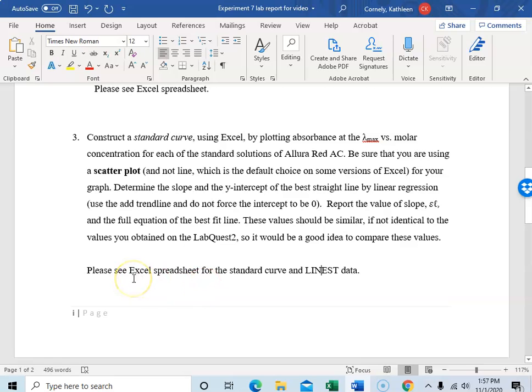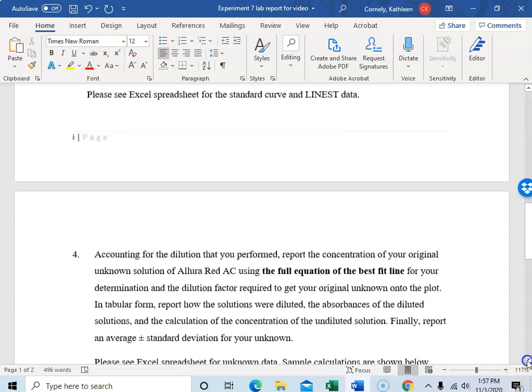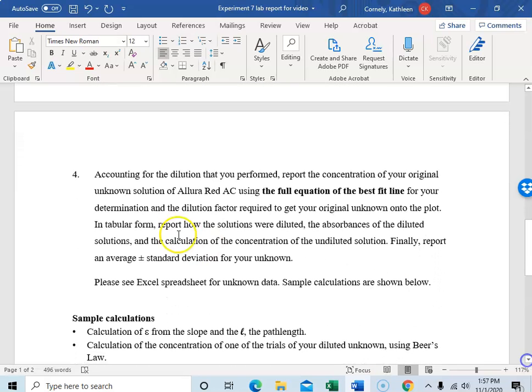You need to say, please see the Excel spreadsheet for the standard curve and the line of best fit data. You should also, in this space, report the value of the slope, epsilon times L, and the full equation of the best fit straight line.